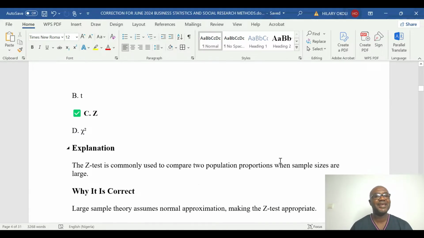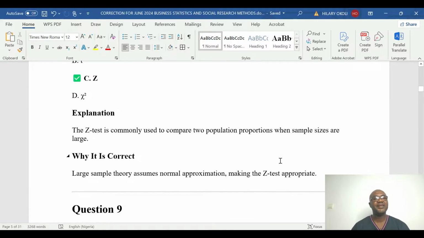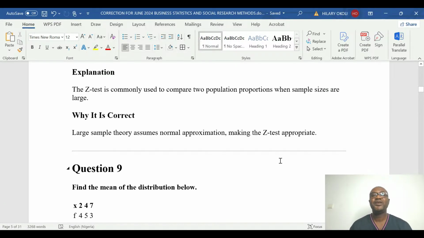It's often depicted by the Z-test. The Z-test is commonly used to compare two population proportions when sample sizes are large.